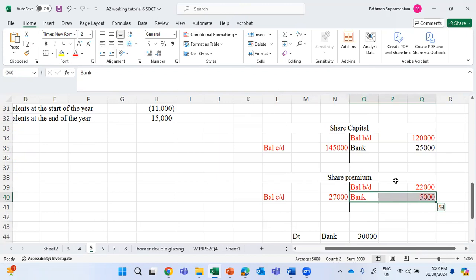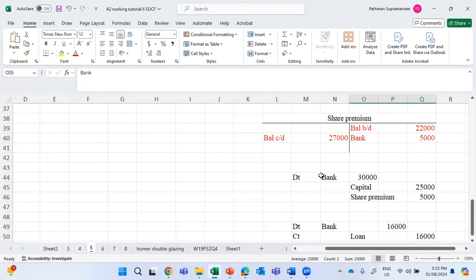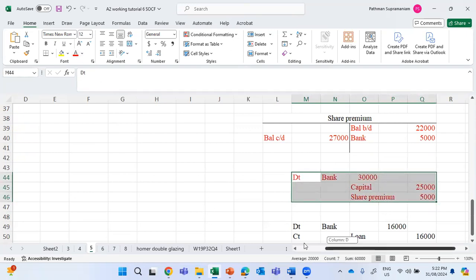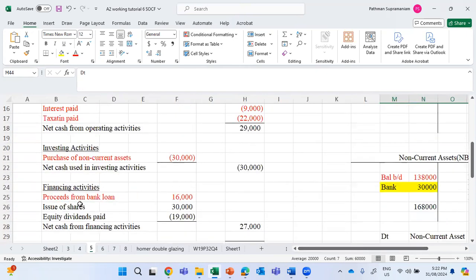Altogether, what we will debit to bank account is this 5,000 plus this 25,000, which is 30,000. So the double entry is: debit bank 30,000, credit capital and share premium 25 and 5 respectively. So that's how I get 30,000 here. Don't only consider the increase in the nominal, but you need to check the share premium as well.